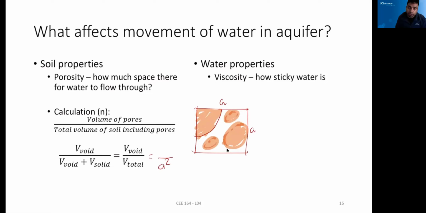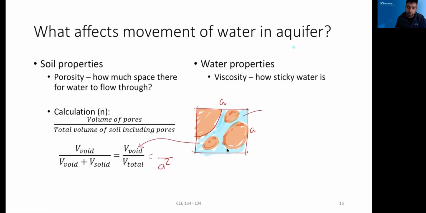And if I ask you what the pore space is, let's say the water color is this. So this is your pore space, this is your void.